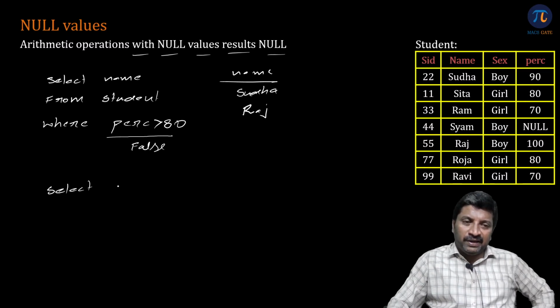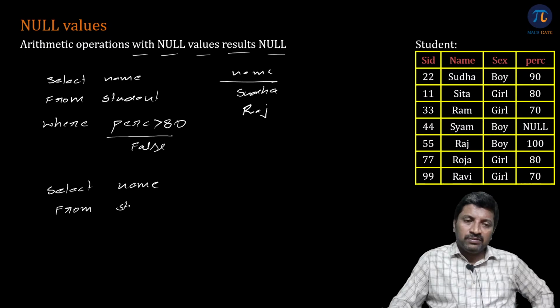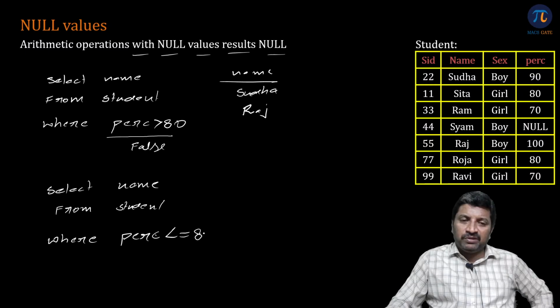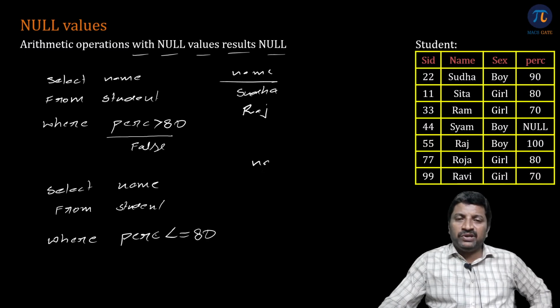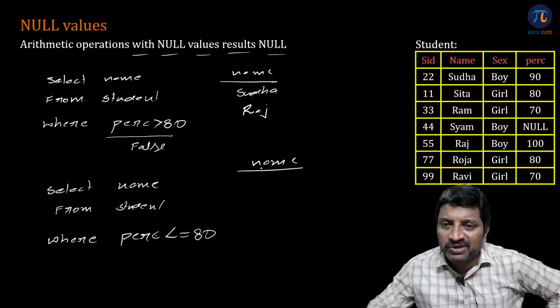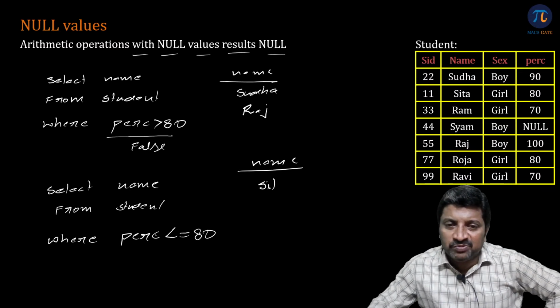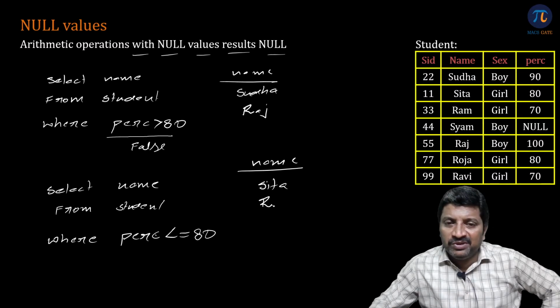Suppose I write select name from student where percentage less than or equal to 80. In such a case, the first one, Sudha, will not be displayed, sir. The second one, Sita, will be displayed. The third one, Ram, will be displayed.